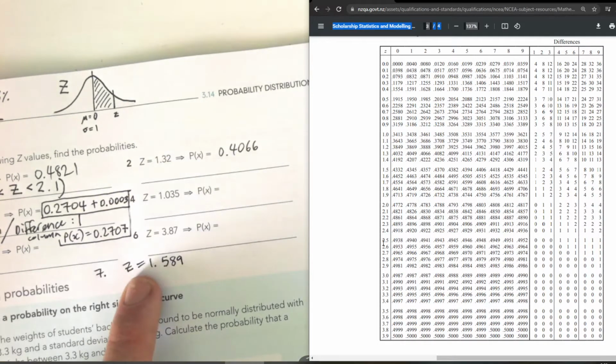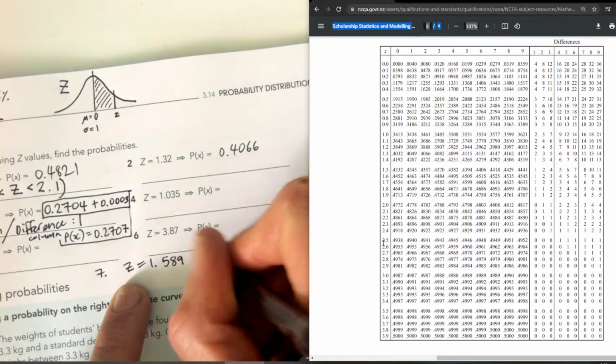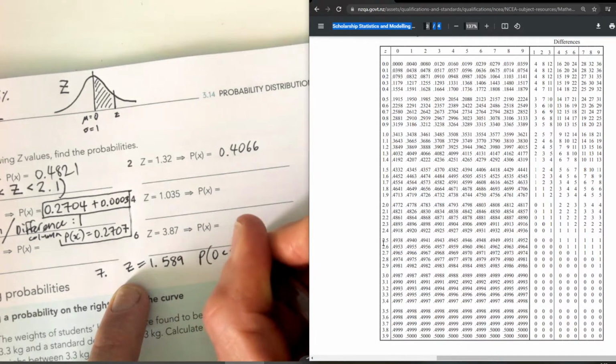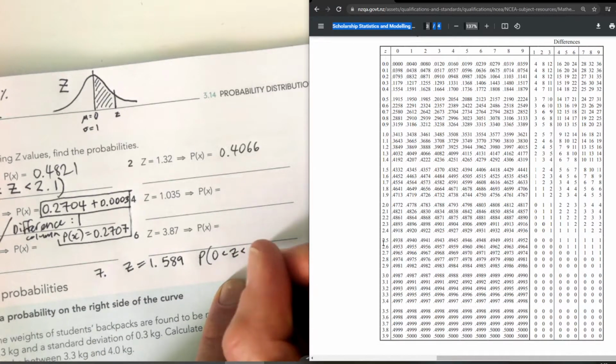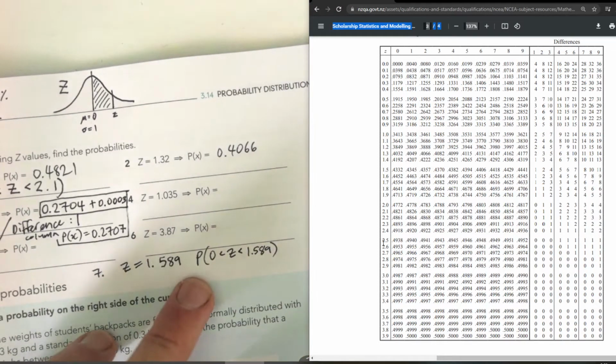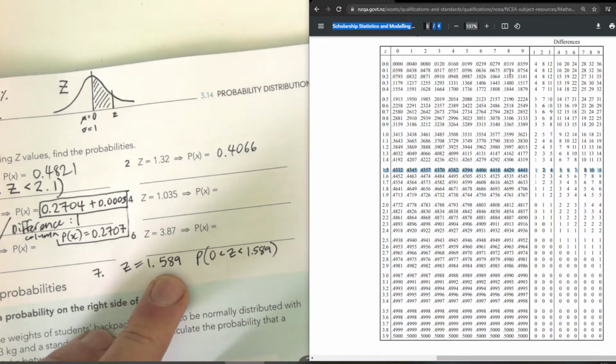Right, I'm intentionally choosing one that's going to be a little bit trickier. So the probability that it takes a value between 0 and that there, 1.589, is what we are going to calculate. So we're going to go 1.5. We'll color that in.